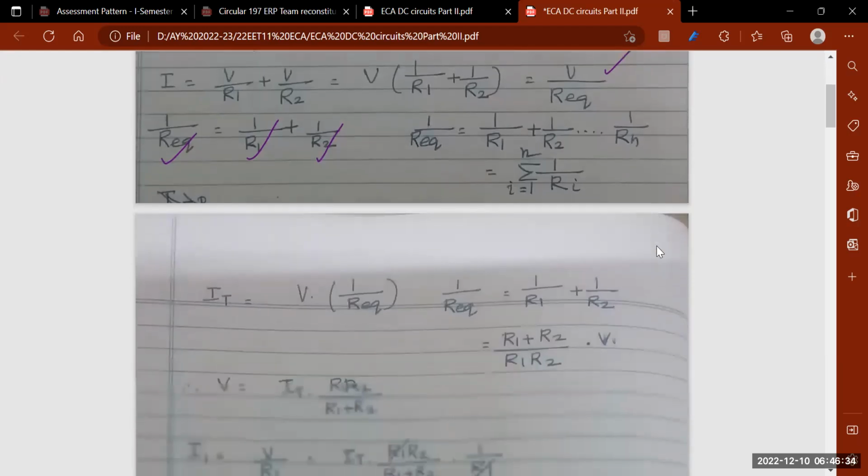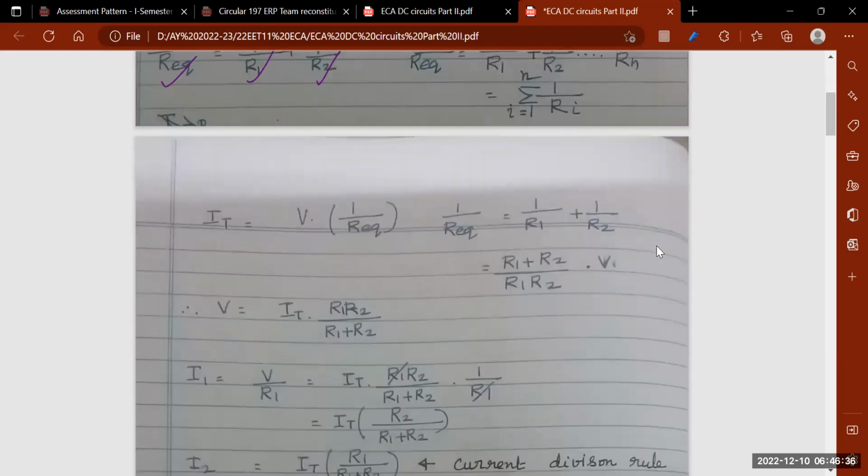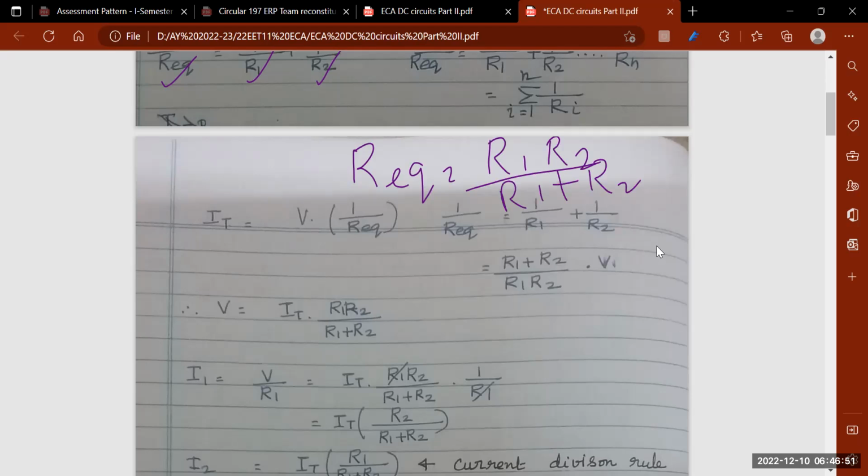Now, if I take the LCM and simplify, R equivalent I can write as R1 R2 divided by R1 plus R2. Right.